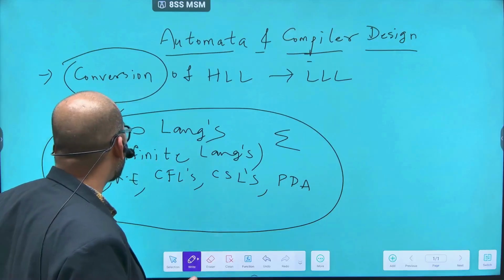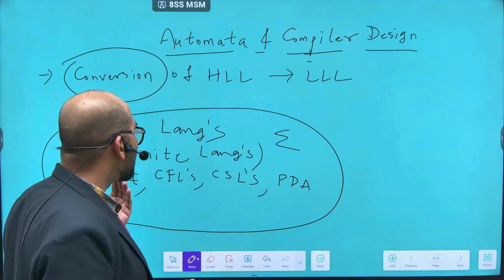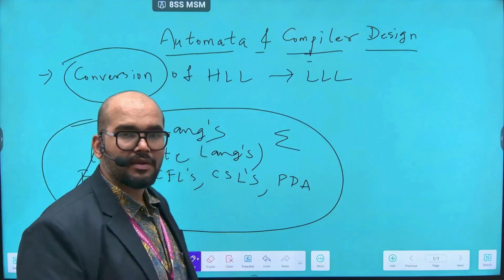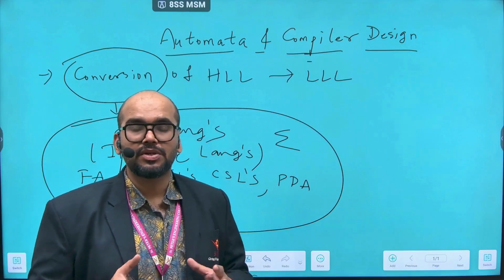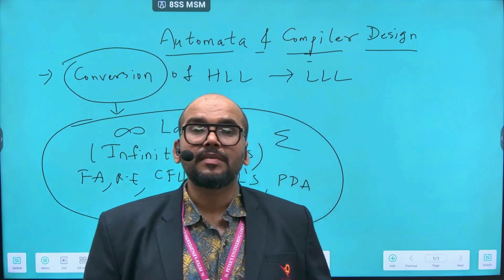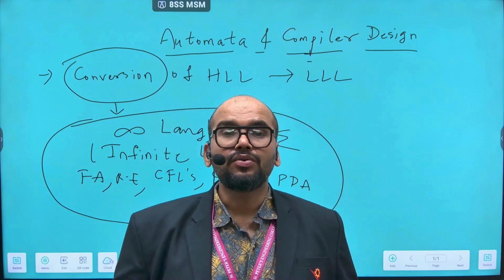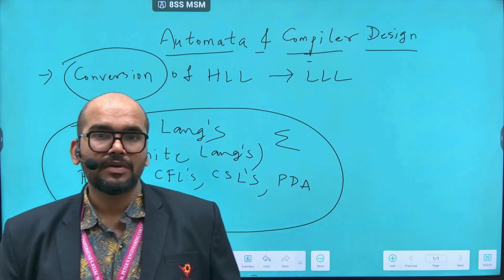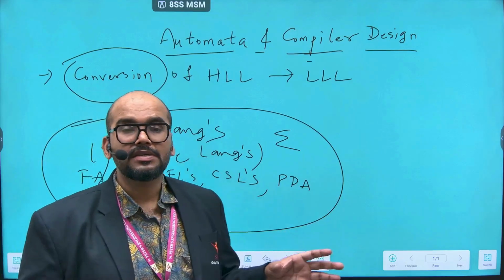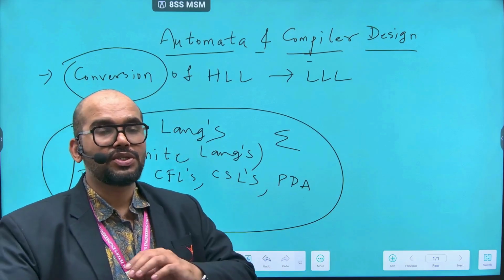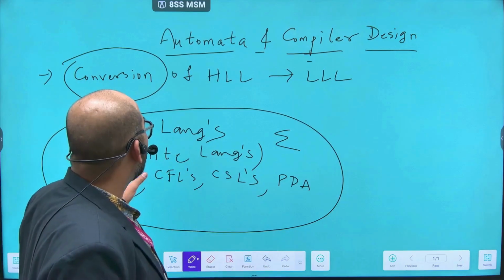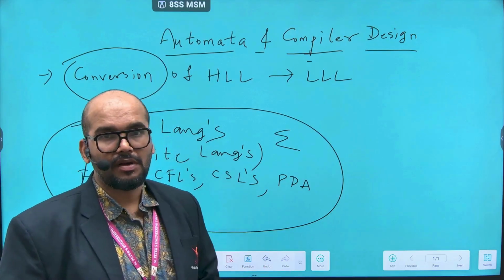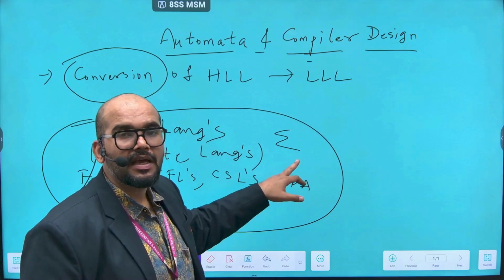What is this finite automata? What is this regular language? What are these CFLs, context free languages? What are these context sensitive languages? What is this PDA, that is pushdown automata? These are the transitions our conversion process undergoes. During the conversion, our high level language goes into a space where the process splits into an infinite number of languages, all defined with an alphabet sigma.